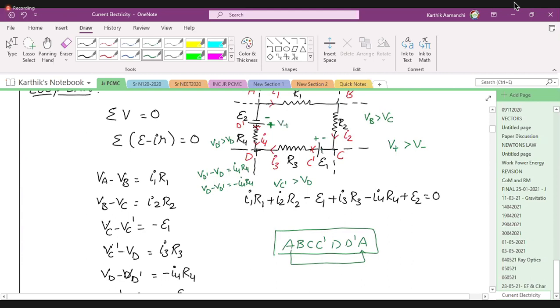Positive terminal potential is greater than negative terminal potential. So obviously you are going in the direction of potential drop. So it's positive. Understood?